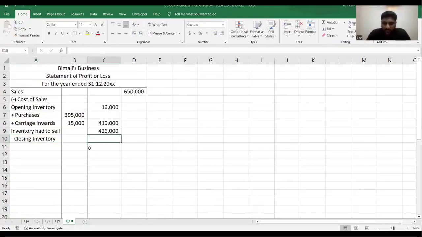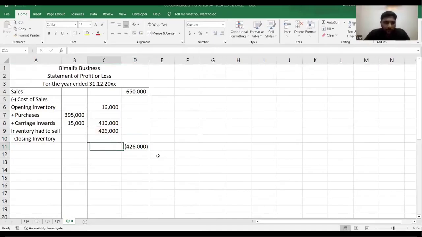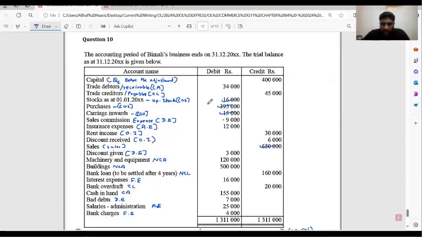Closing inventory in this question is 0. Nothing. So we are getting a cost of sales value of 426,000.